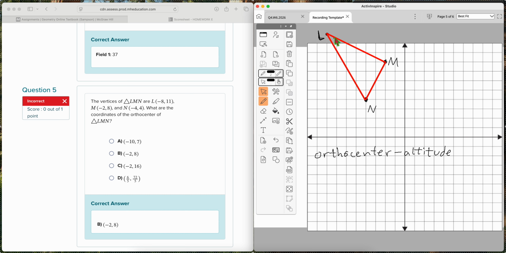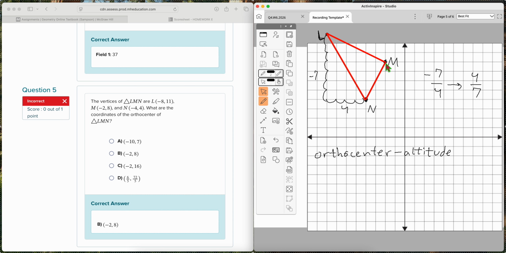So to get from L to N, 1, 2, 3, 4, 5, 6, 7, down 7, over 1, 2, 3, 4. So the slope of LN is -7/4, which means a perpendicular slope would be +4/7.